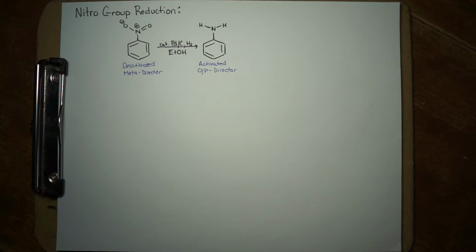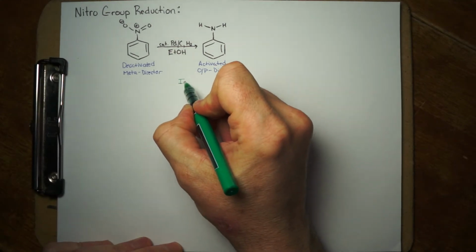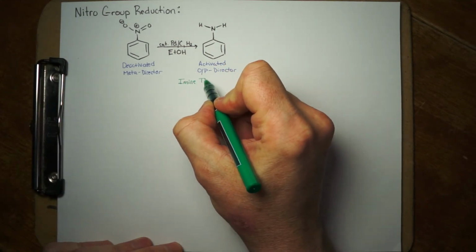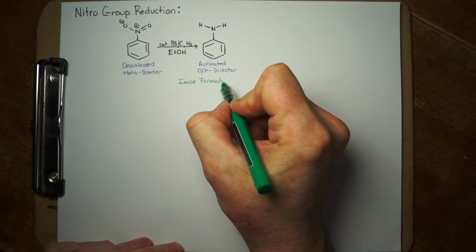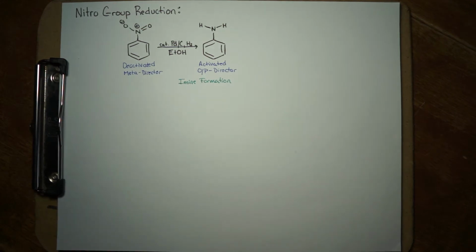Now, once we've made this amine, we have to think about what we can do with it. What other reactions do we know that involve amines? Well, one of the reactions that we know is imine formation. In imine formation, we would take a primary amine and add that to a ketone or an aldehyde.